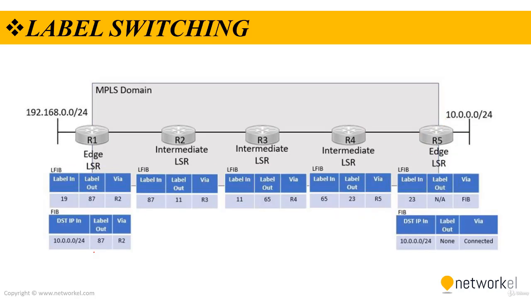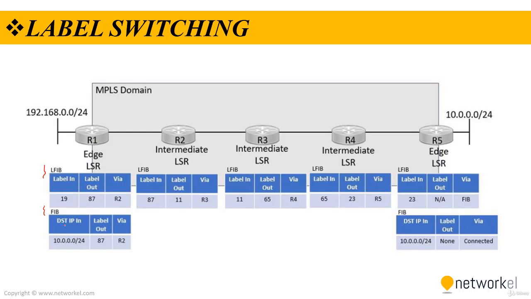So let's go ahead with the label switching. Based on the information found in the IP routing table and the LIB, the routers on the screen have populated their LFIB and FIB as shown. Okay, you can see the populated LFIBs and the populated FIBs.